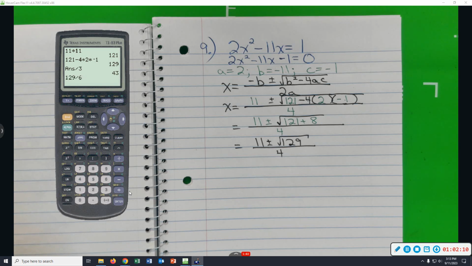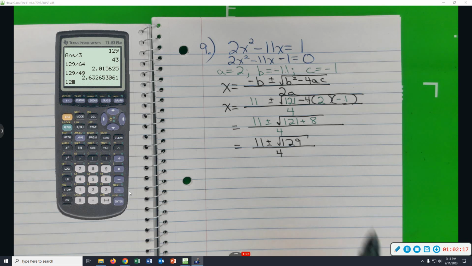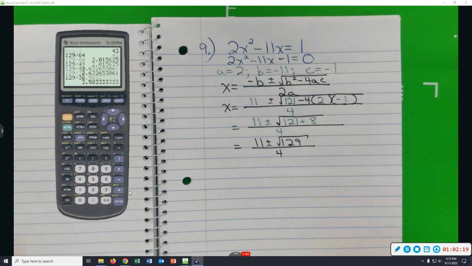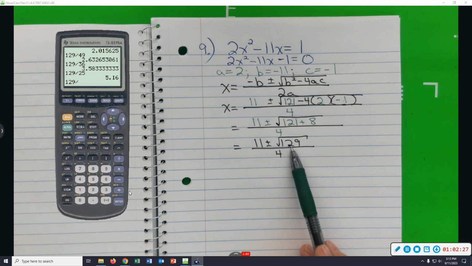I noticed something about Pierce in my lab. When you start getting really messy numbers under the square root, there's a good chance that it can't be reduced. 3 times 43, that's the prime factorization. No perfect square factors. We're just stuck with that 129 under the square root.